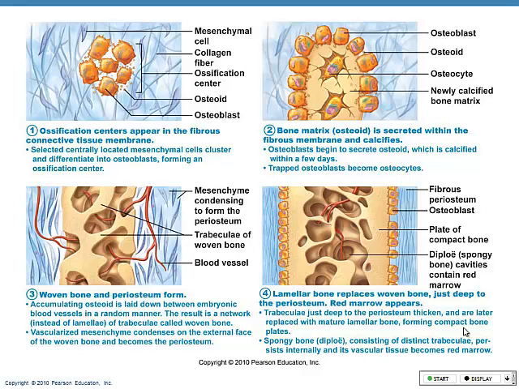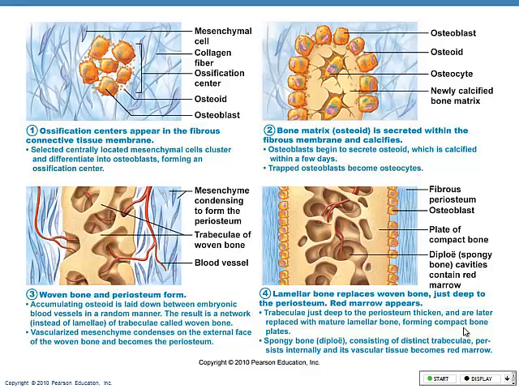So, the ossification center appears in the fibrous connective tissue membrane. So we start to see those very beginning bone cells. They're then going to start doing the osteoblast thing. And remember what osteoblasts did for a living? They start spitting out matrix around themselves.